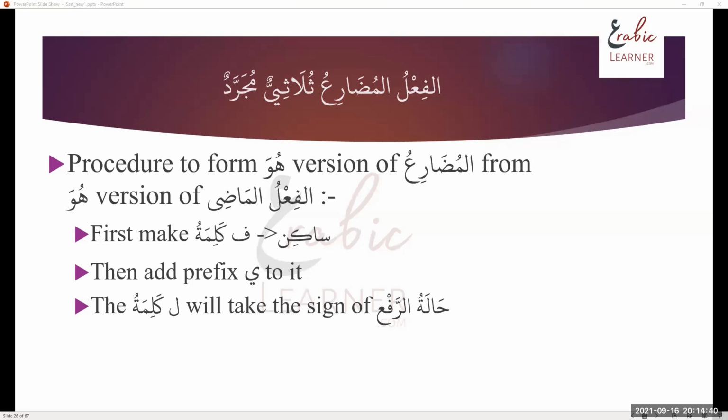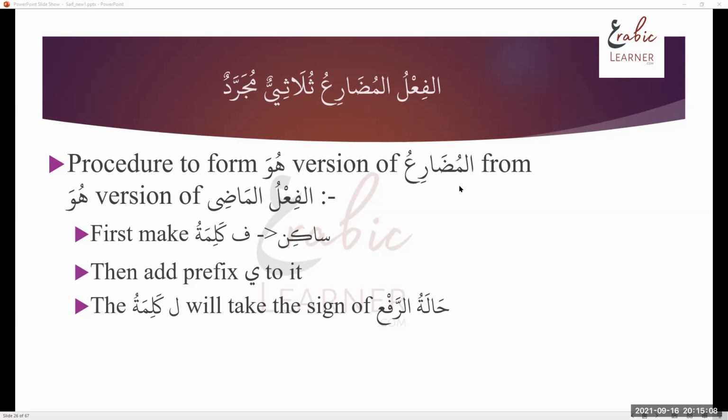Halatul Rafa, Halatul Nasb, and Halatul Jar. So this is in Ism. Now the same thing is there in Fi'l also. In Fi'l also there is Halatul Rafa. Also there is Halatul Nasb. And instead of Halatul Jar, it is Halatul Jazm.